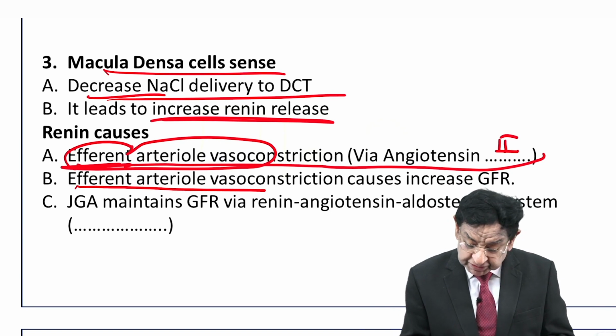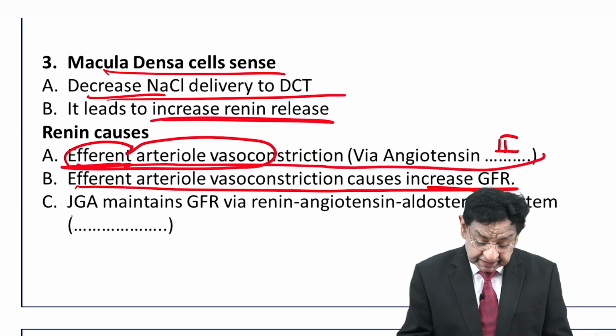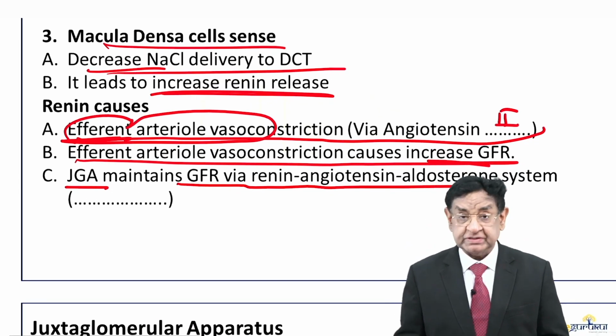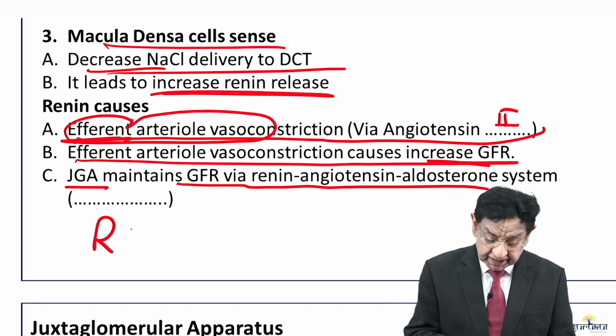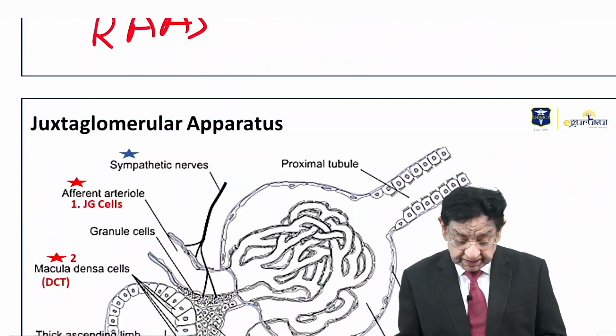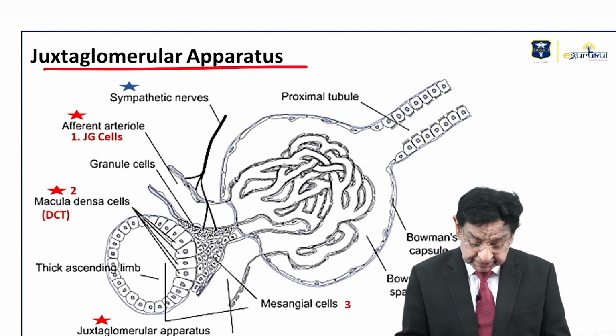Efferent arteriole vasoconstriction will cause increased GFR. And the juxtaglomerular apparatus maintains GFR via the renin angiotensin aldosterone system, what we call RAAS.